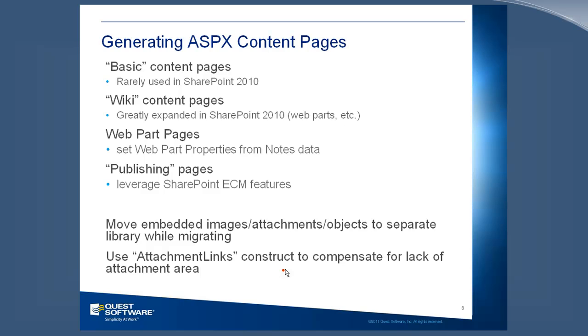So if you're migrating the rich text field, and that's kind of the front end of your page, then how would the user ever get a link to all the other attachments? And so we have this attachments links area, which you can add to the end of your page, which will just give you links to all the document level attachments. So that's kind of a useful feature. If you have document level attachments and you want to migrate to a page, you'll probably want to append one of these at the end of your rich text field.